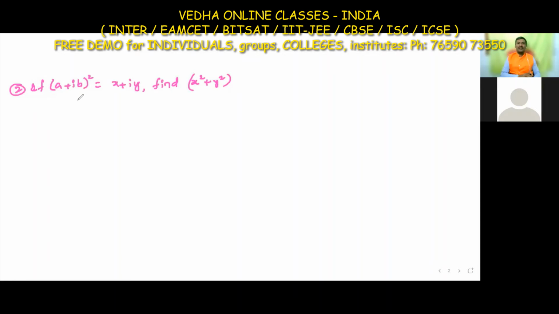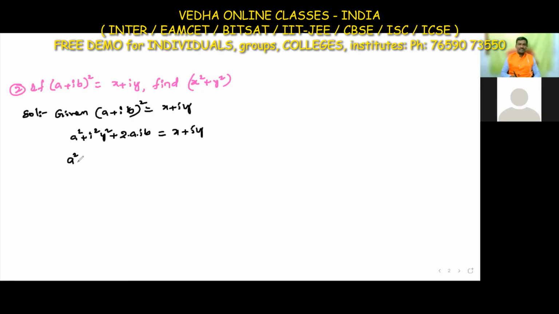If a plus ib whole square is equal to x plus iy, find x square plus y square. What is given here? Given a plus ib whole square equals x plus iy. Using the formula, a square plus b square i square plus 2ab, that is 2 into a into ib, equals x plus iy.